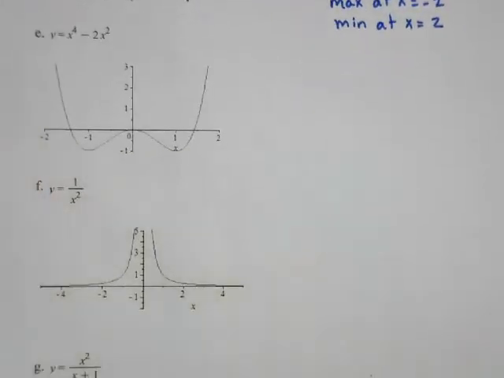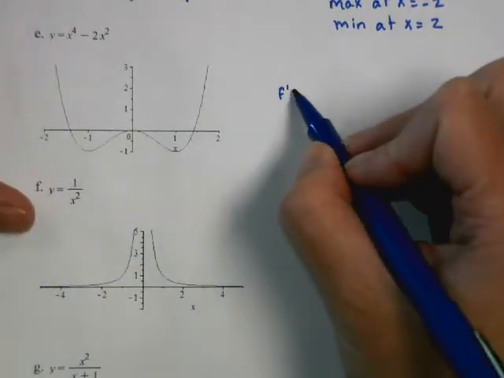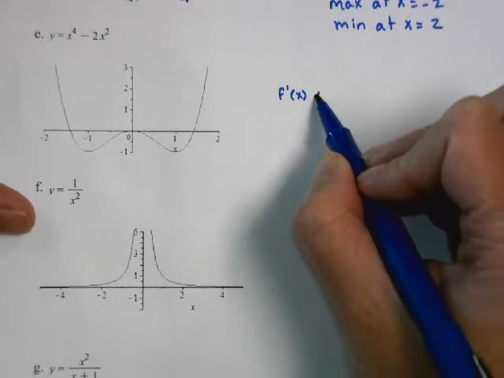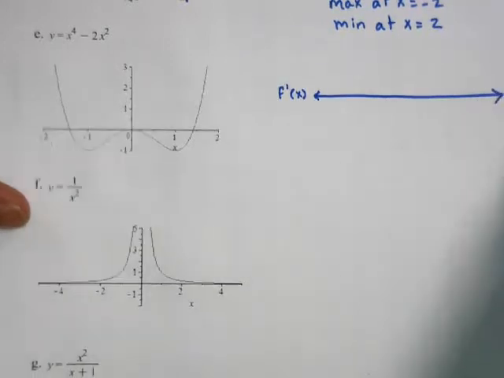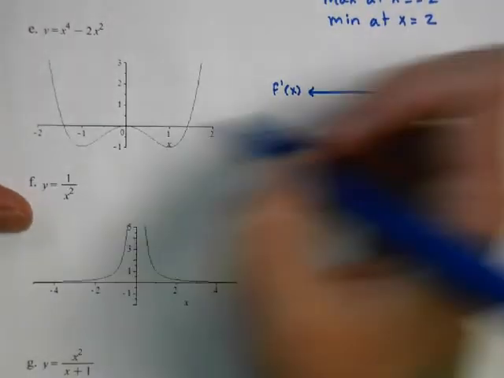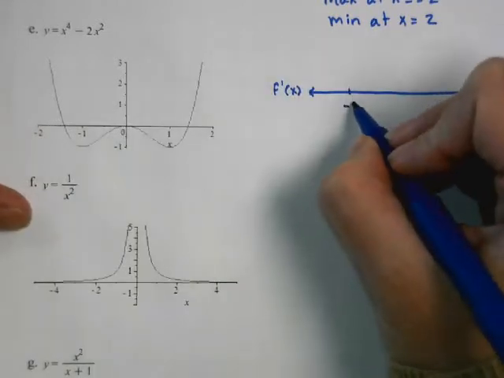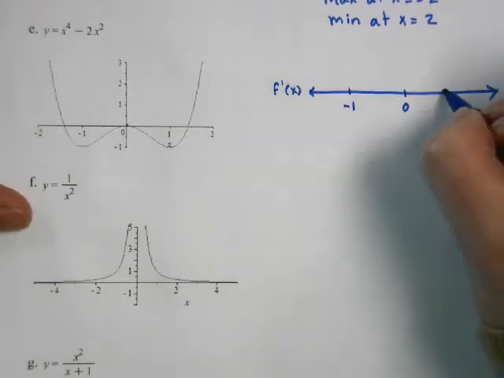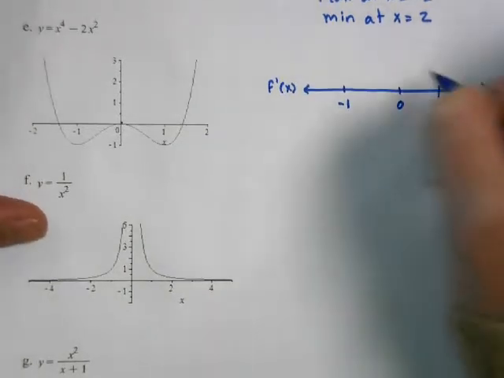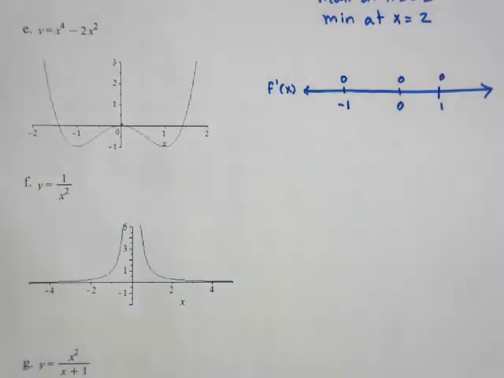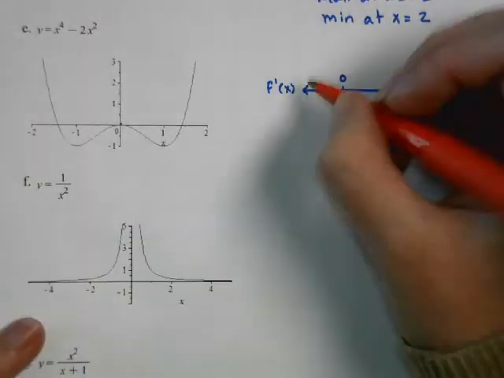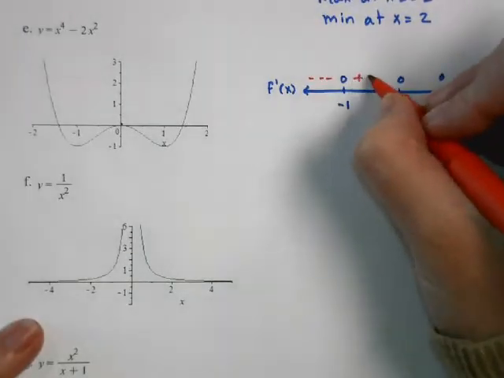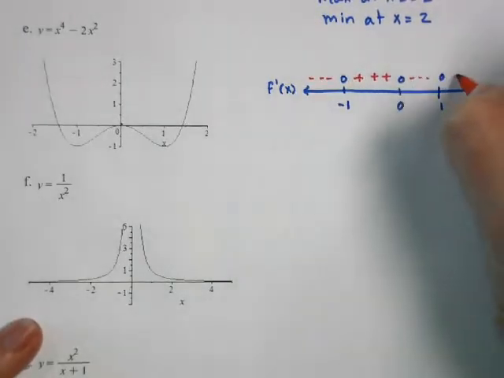Okay, looking at this one, how many critical points do we have? So our critical points are going to be at -1, 0, and 1. Our derivative, our slope at all of those points is 0. This graph is decreasing, then it's increasing, then it's decreasing, then it's increasing.